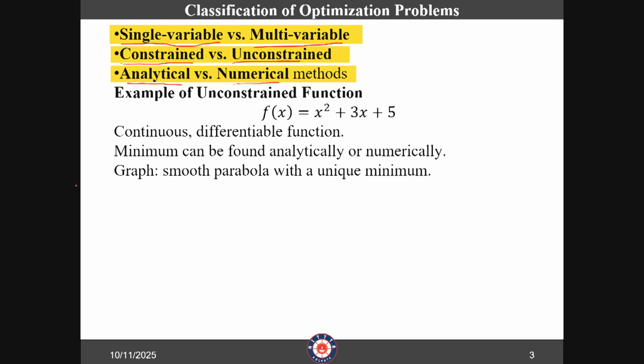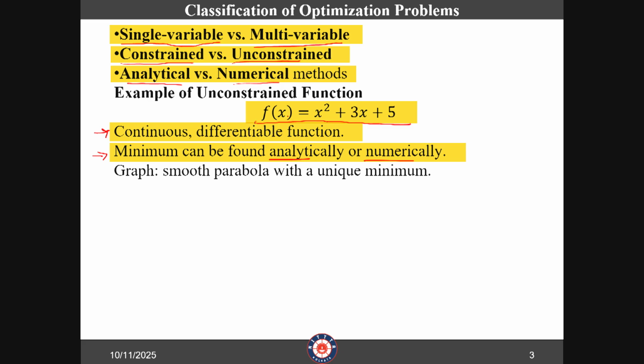In this lecture, let us take a very simple function, f(x) equals x square plus 3x plus 5. By visual observation, I can tell that this function is continuous and differentiable. The minimum value can be found analytically or numerically.